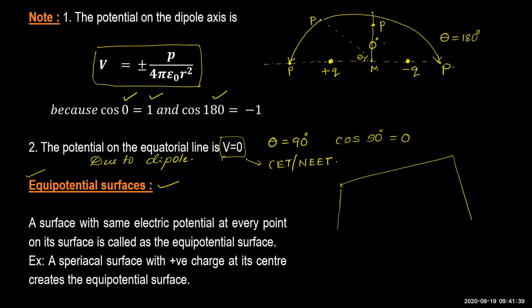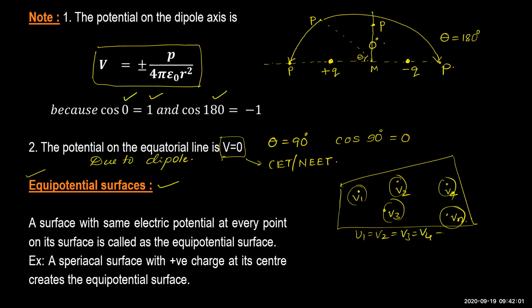On that, if we calculate the potential at different points, say up to Vn, and in all points the potential is the same, if V1 is equal to V2 is equal to V3, V4 up to Vn, then such a surface is called the equipotential surface.